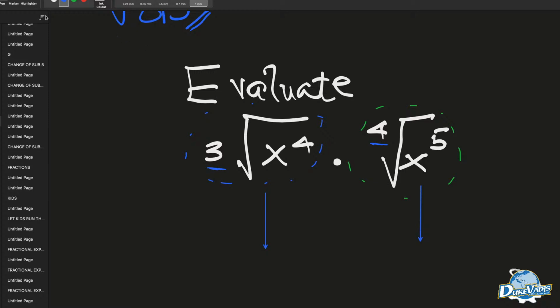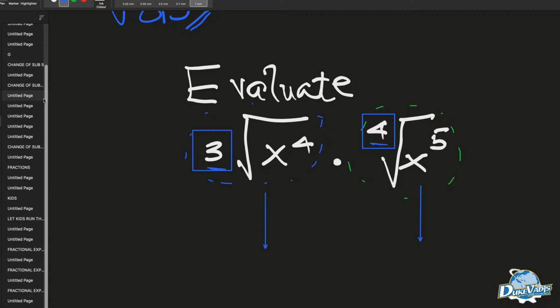So this makes our traveling easy, because over here we have 4, we have 3, that is why it's cube root. Then here we have 3, 4. So 4 and 3, this is a cube root and this is a 4th root. Now let's have a look at it and resolve it.